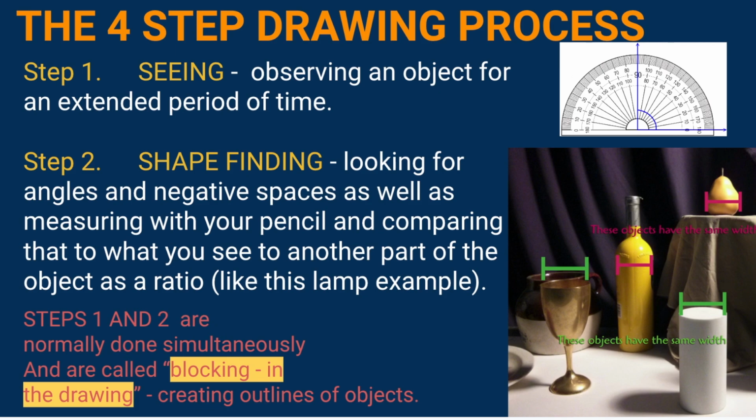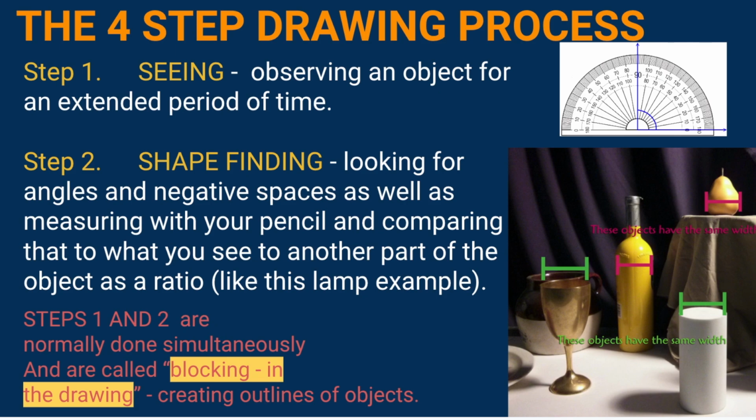So you're looking at the object for an extended period of time and you're trying to find all of the shapes and negative spaces that are within the different object. There aren't necessarily negative spaces in your face, but you definitely need to compare the ratios or the sizes and shapes of the different objects on your face to each other and where they belong on the face. And then as you are blocking in or drawing the outlines, you're going to be doing that very lightly.